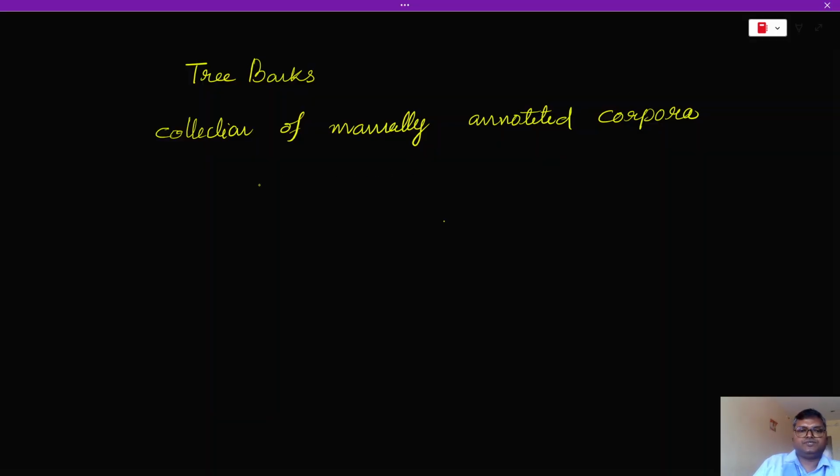So it will have a sentence and a corresponding parse tree. Immediately the question comes, does it contain all the sentences in the world or all the languages in the world? No, it contains only a few which are manually annotated.